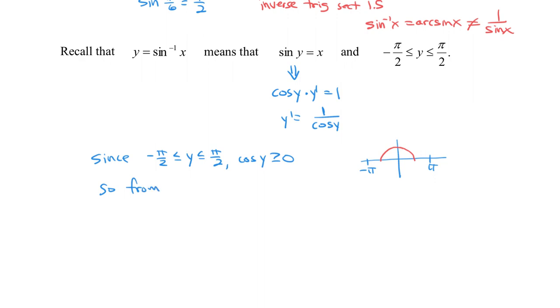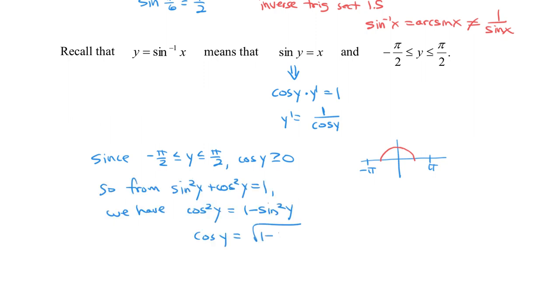Okay, so then we could say, from the trig identity, sine squared y plus cosine squared y equals 1, we have cosine squared y equals 1 minus sine squared y, which means that cosine of y, if I take the square root, is the square root of 1 minus sine squared y.